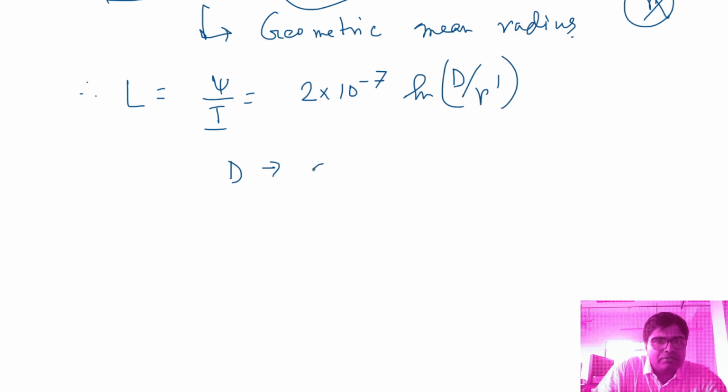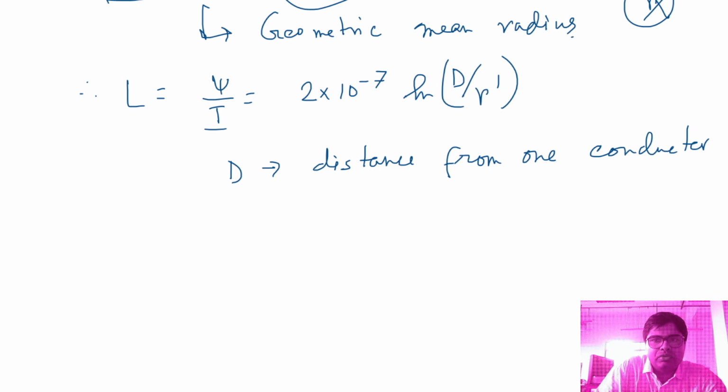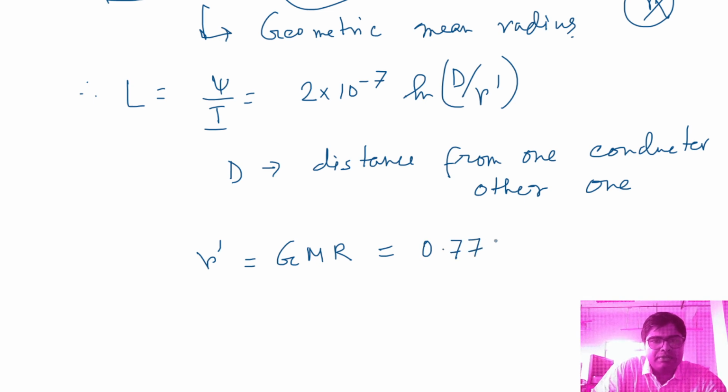D is the distance from one conductor to the other one. And what is r dash? It is called GMR, that is geometric mean radius, which is equal to 0.7788 into r.